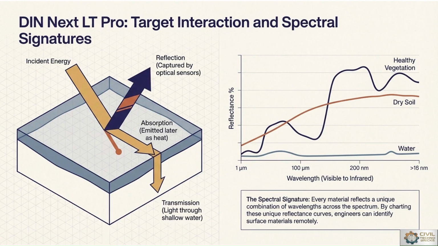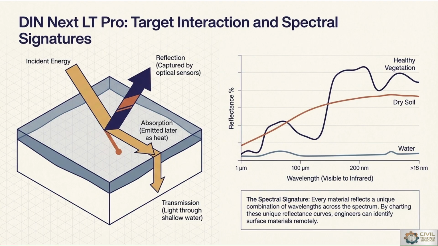Target interaction and spectral signatures. We can see that there is an object, there is incident energy in the yellow color. After that, most of the energy gets reflected, which is shown with reference to the purple color, and at the same time there may be absorption, that is emitted later as heat. At the end, transmission of light through shallow water.